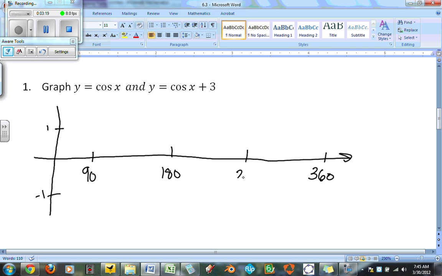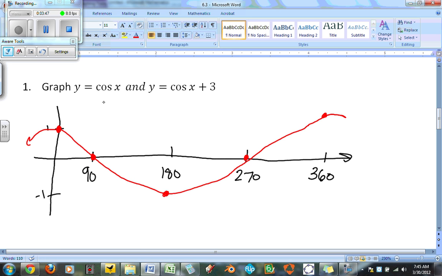We know that the cosine of 0 is 1, so that starts right here, and then it works its way down at every 90 degrees, just like so. That's our regular cosine graph, one period of it, and obviously it keeps on going in both directions forever.